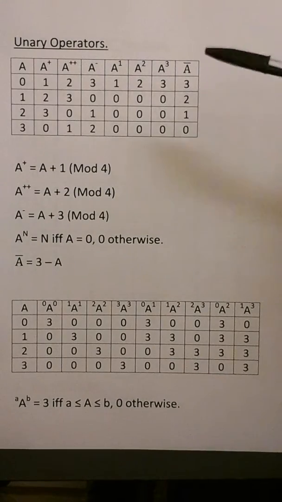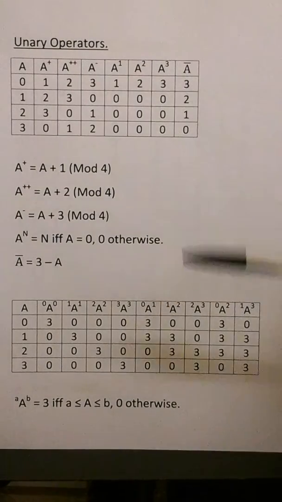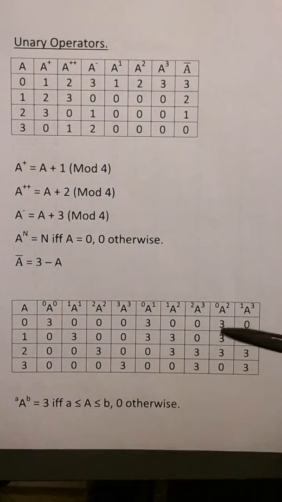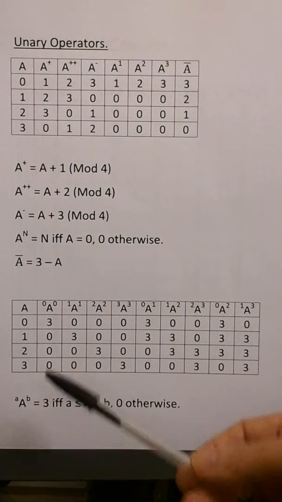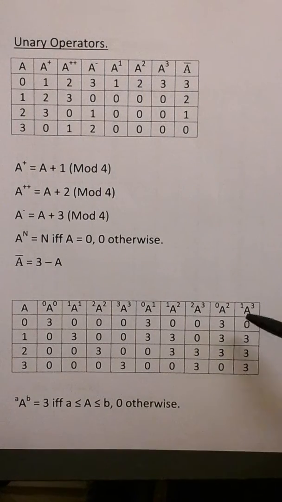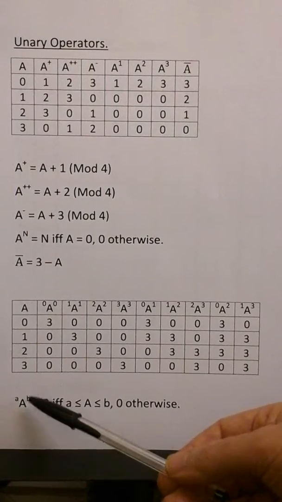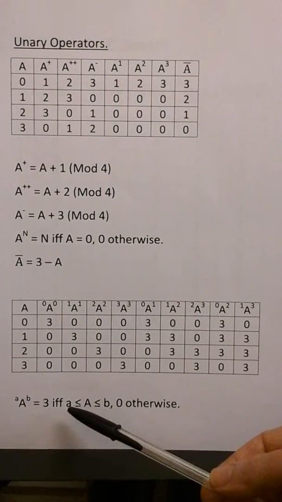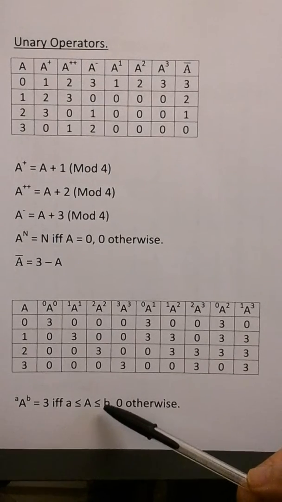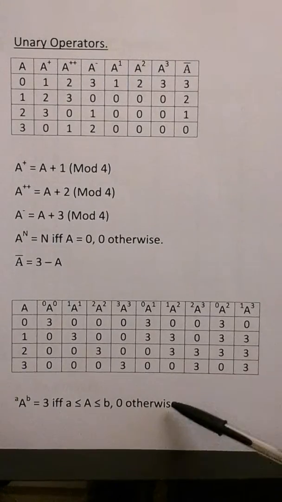Like I say, I'll be presenting these as an algebra and then these as an algebra with the maximum and minimum of functions. So these are two valid unary operators, as I've said, and A capital A, B is 3 if capital A is greater or equal to A, but less than or equal to B, and 0 otherwise.